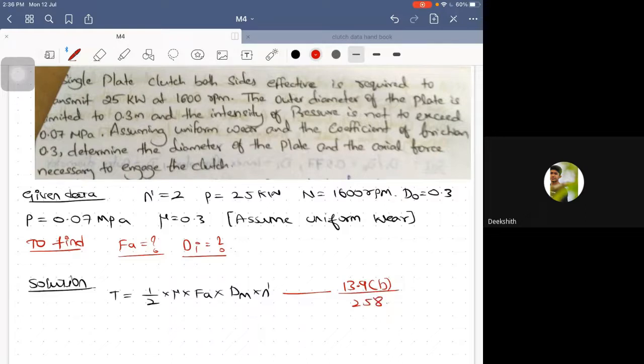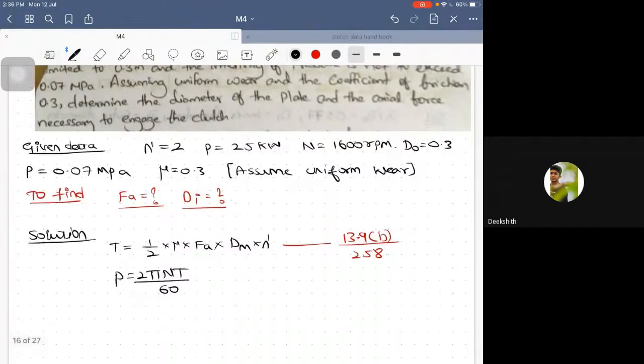Just check whether the equation is right.